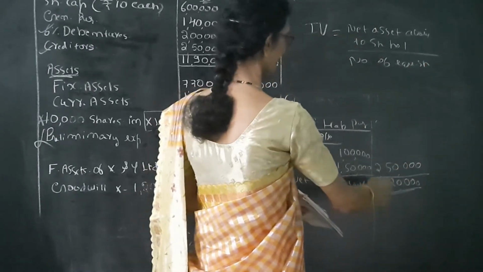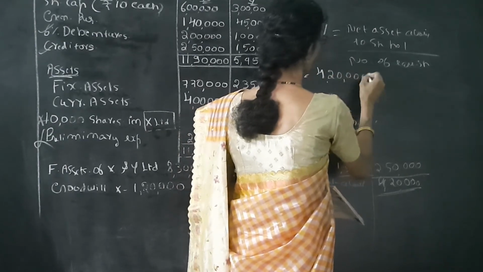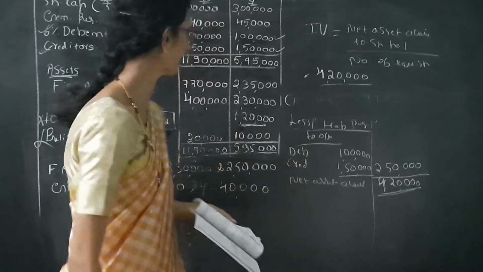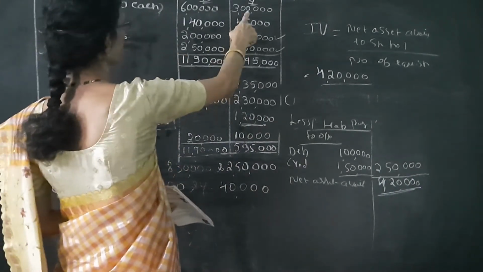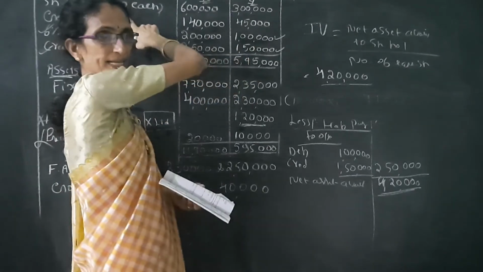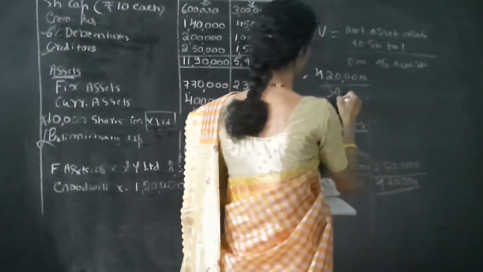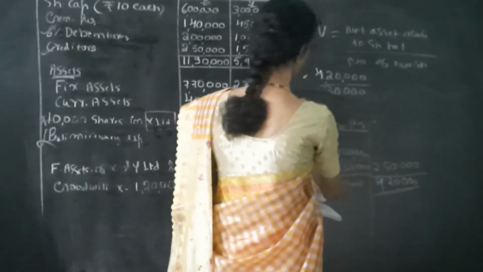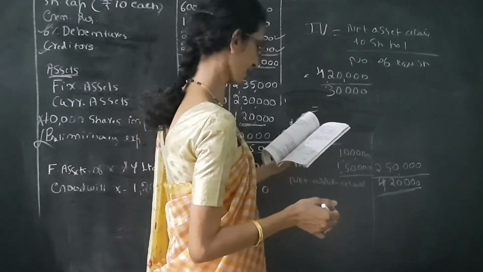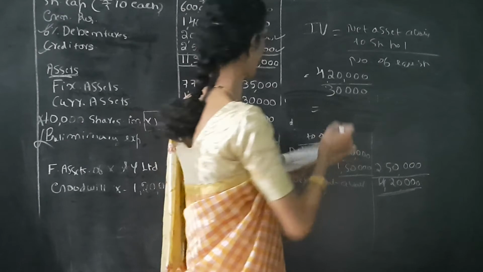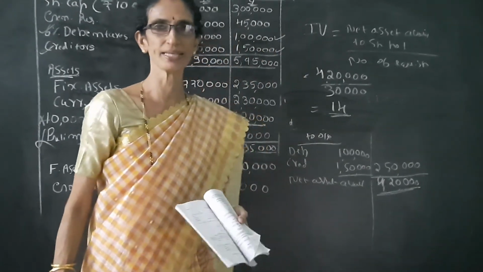Here net assets available to shareholder is 4,20,000 divided by number of equity shares, given here 3 lakh. So face value is 10. So 3 lakh divided by 10, we get number of equity shares is 30,000. So the intrinsic value of shares of Y Limited is equal to 14 rupees.